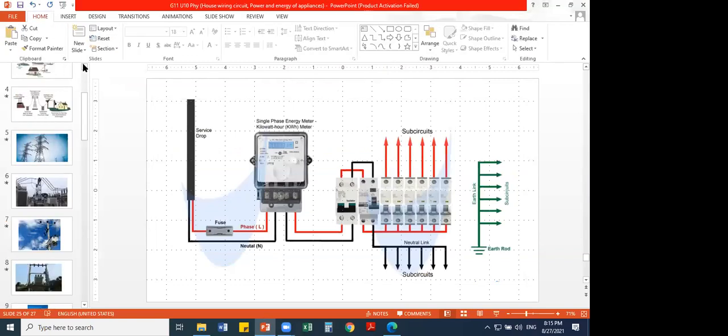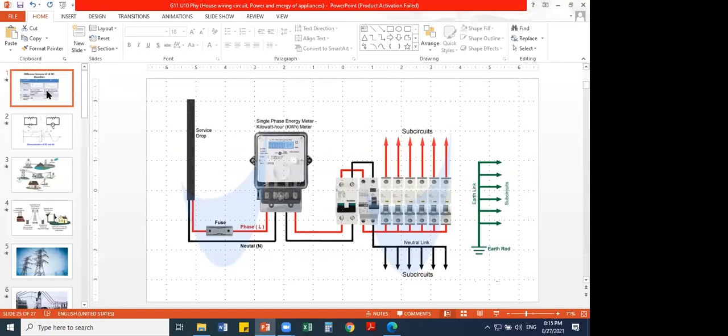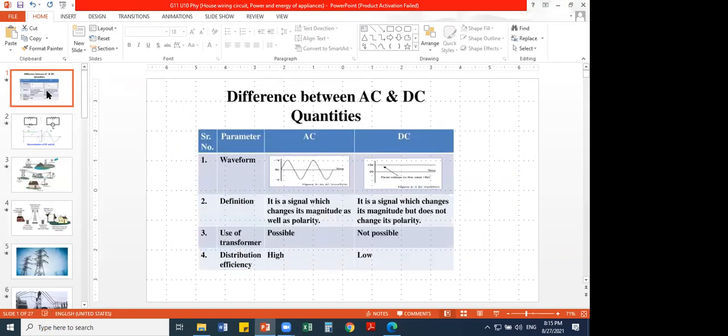Okay. Last week I told you about the main electricity supply, the specifications, and that there are two types of current called AC and DC. So AC supply and DC supply. Generators produce AC. Generators and dynamos produce DC.